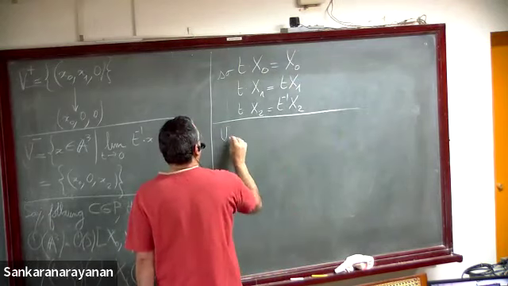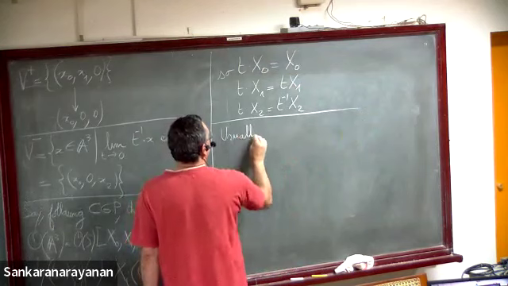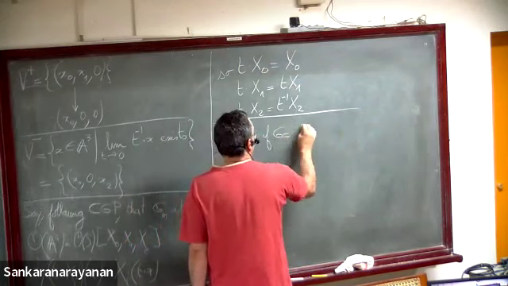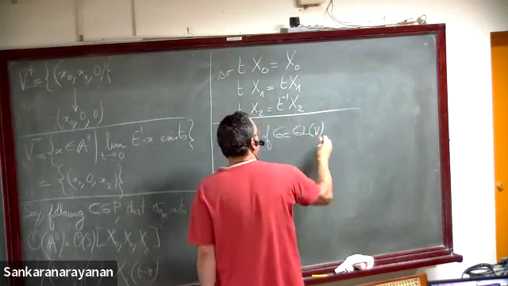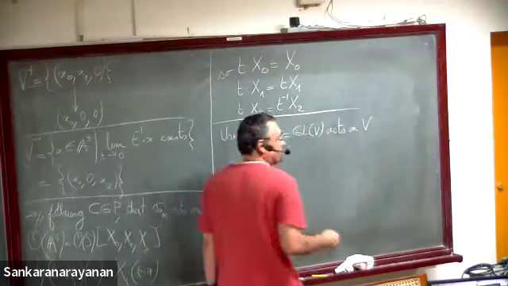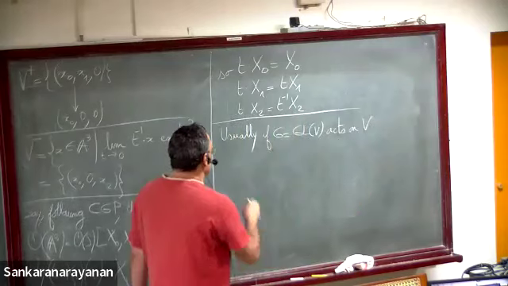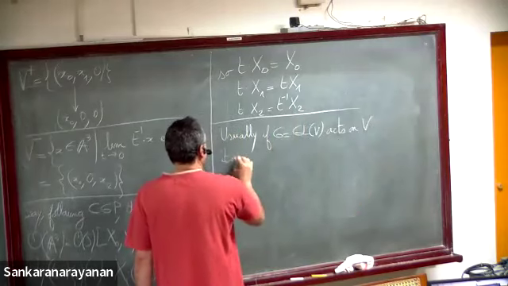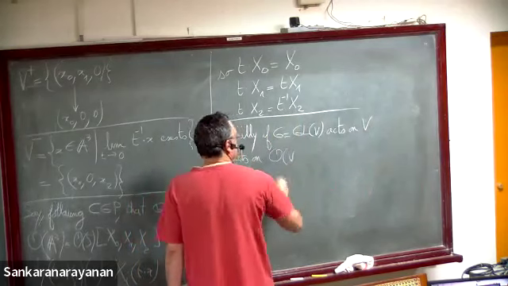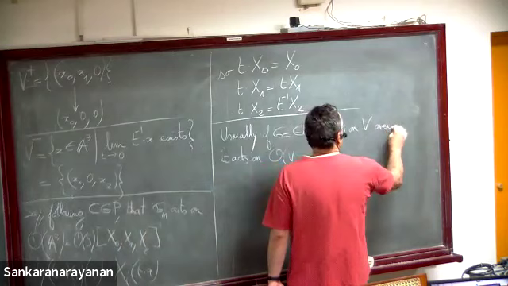Okay, so usually if, for example, you take G acting on V in the natural manner, it acts on the ring of functions, let's say over a field.